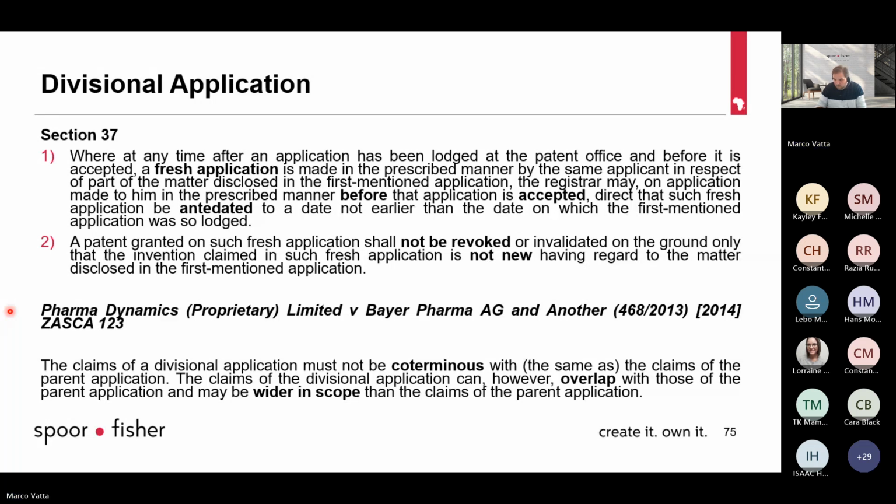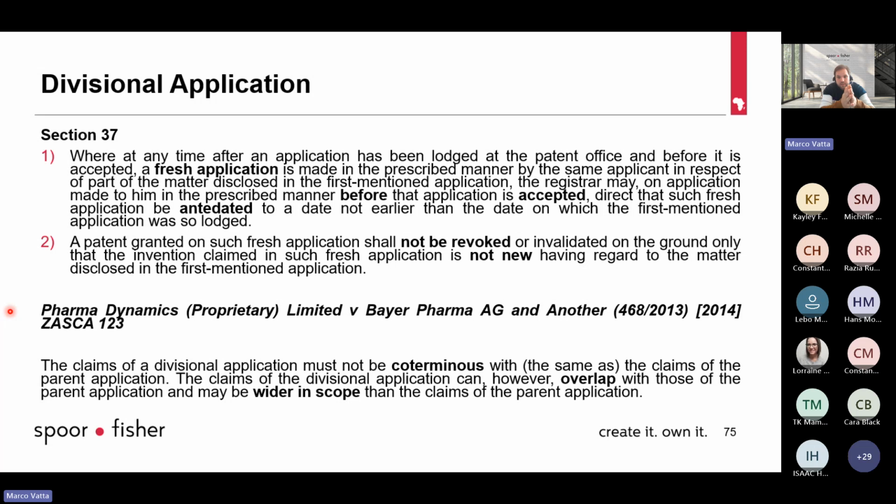So in terms of the requirements for a claim, you'll recall that a claim can relate to one invention only. And often in drafting of these claims and specifications, they do relate to more than one invention.